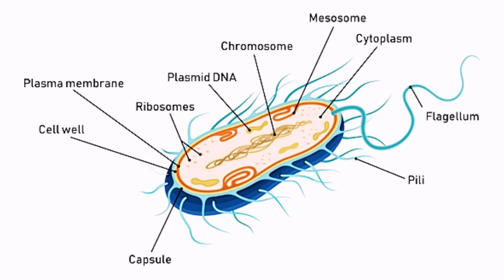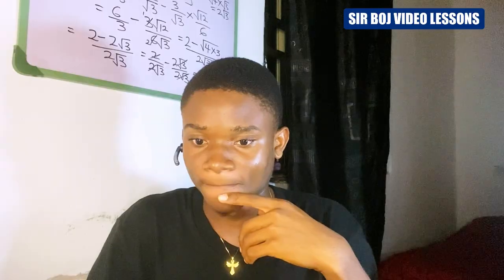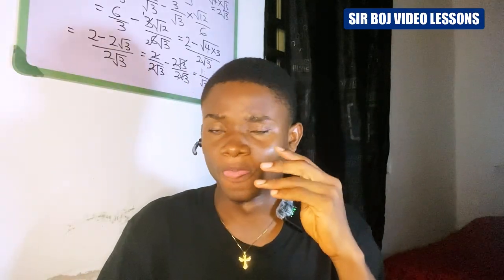Then we look at the structure of the bacterial cell. We are going to see the villi, the cytoplasm, the ribosome, the nucleoid, the inclusions, the plasmid, the pili, the flagellum, the cell wall, the capsule, and the plasma membrane. So we're going to talk about these parts and their functions.